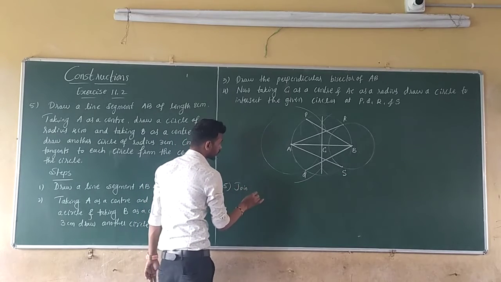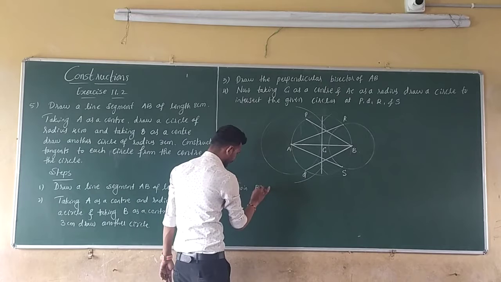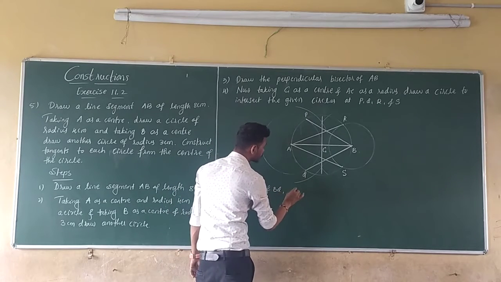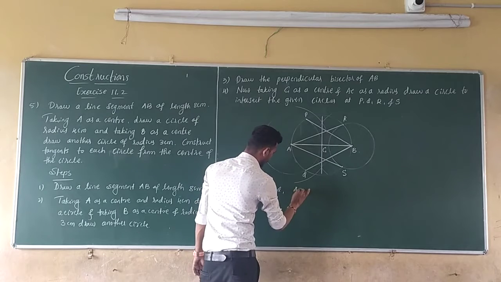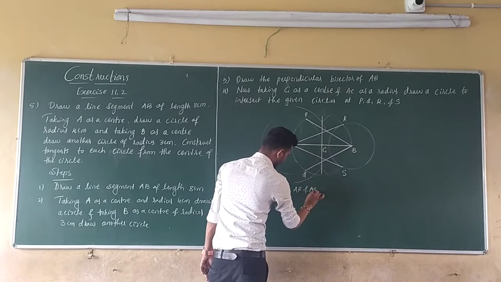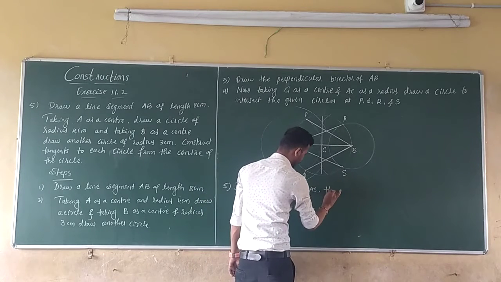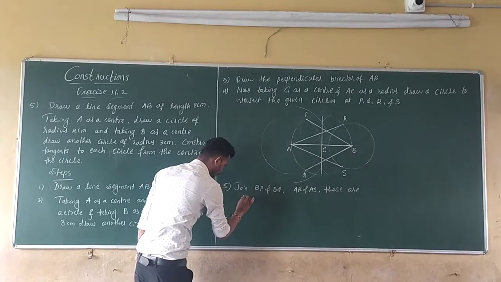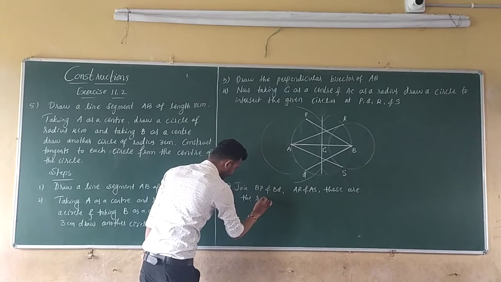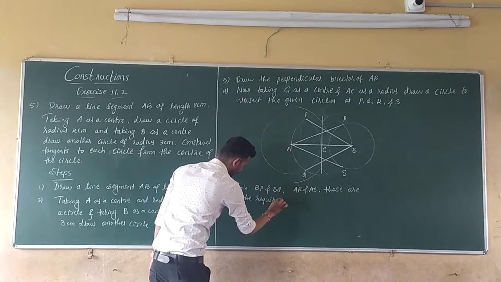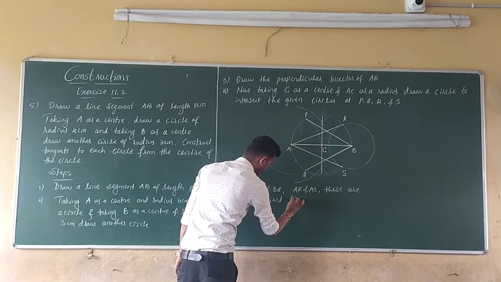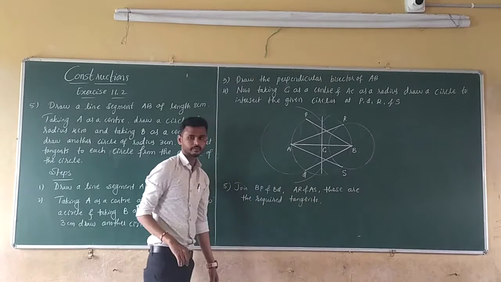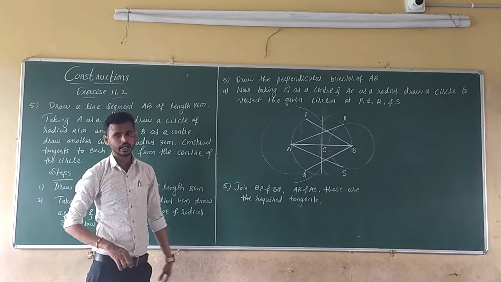Join PB or BP, BQ and next AR and AS. So these are the required tangents.